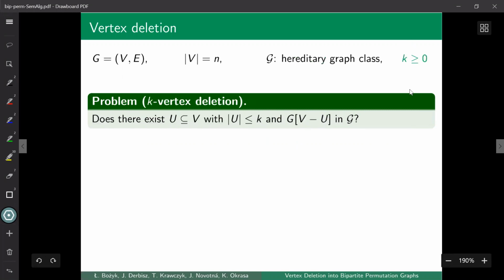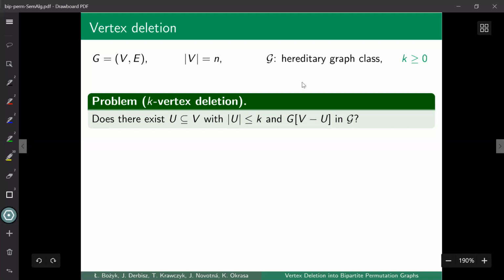So now let's have a budget k, which is a non-negative integer, and let's ask ourselves whether it's possible to remove at most k vertices from our graph G in order to fall into our favorite class.